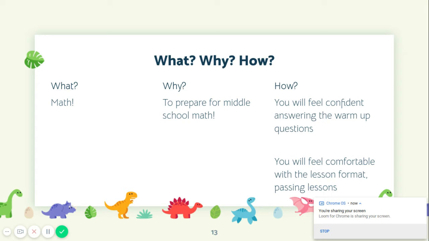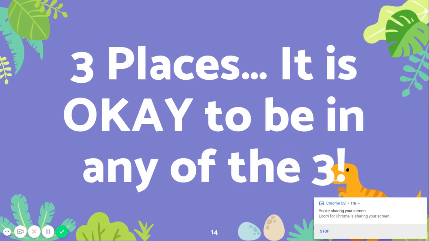We have now had several practice warm-ups that have been very similar, so you should start to feel a little bit more confident in thinking through and answering the questions that we do in the warm-up. And the other thing is I want you to feel comfortable with the lesson format and passing lessons in iReady. And we're going to talk a little bit more about that as we move on.